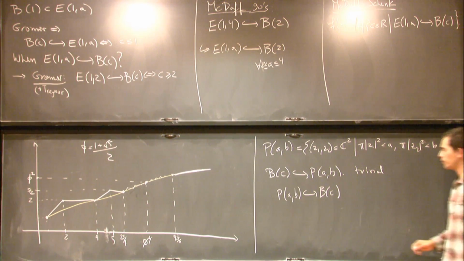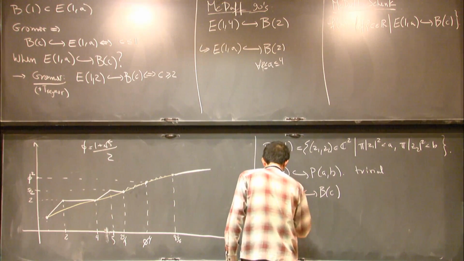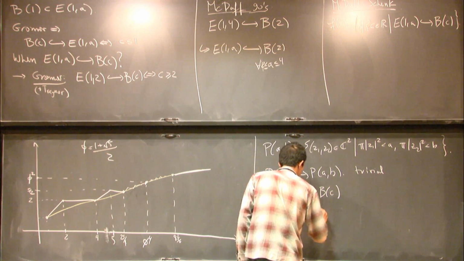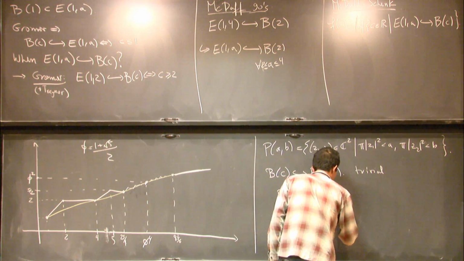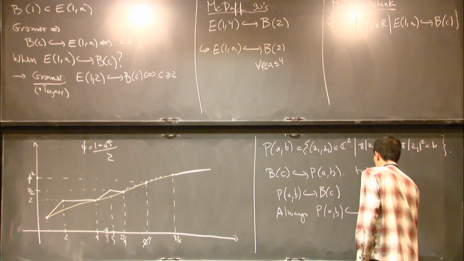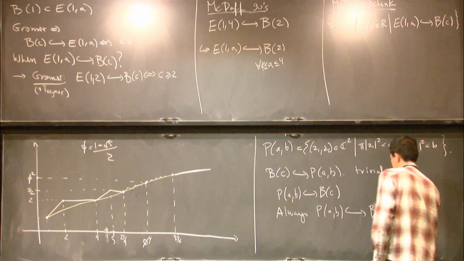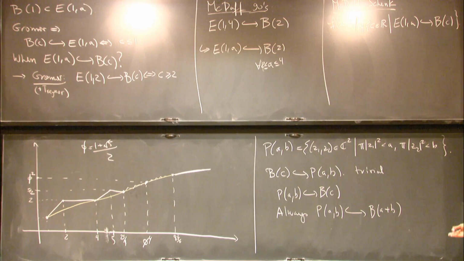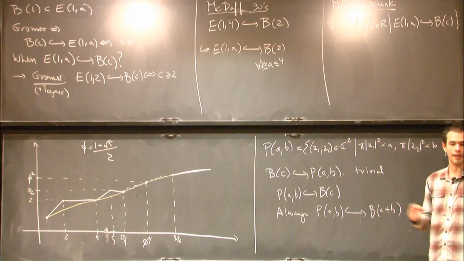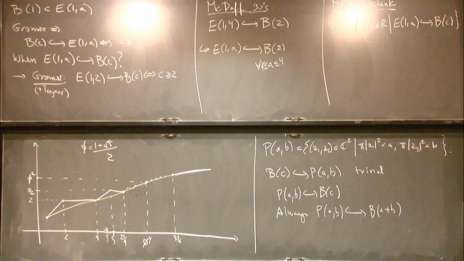So, I mean, you can always embed P(a,b) into the ball B(a+b). This is just inclusion. But can you do better? And in fact, sometimes you can do better. So there are a few results here. I'll just mention them quickly.